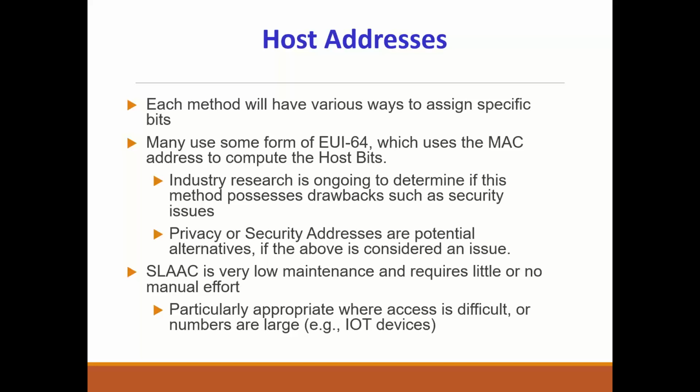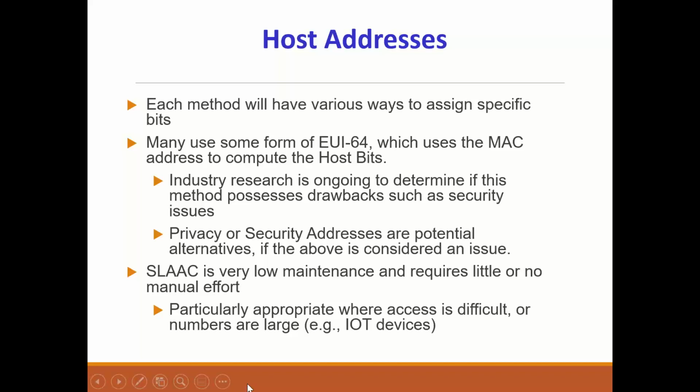There's industry research going on that suggests that if you just use the MAC address, maybe a hacker can glean some information about your network. Some people think that, some people don't. Know that privacy addresses are out there if you're concerned with that, and for maybe certain devices. So we're not going to cover that today, but that is an important concept to be aware of.